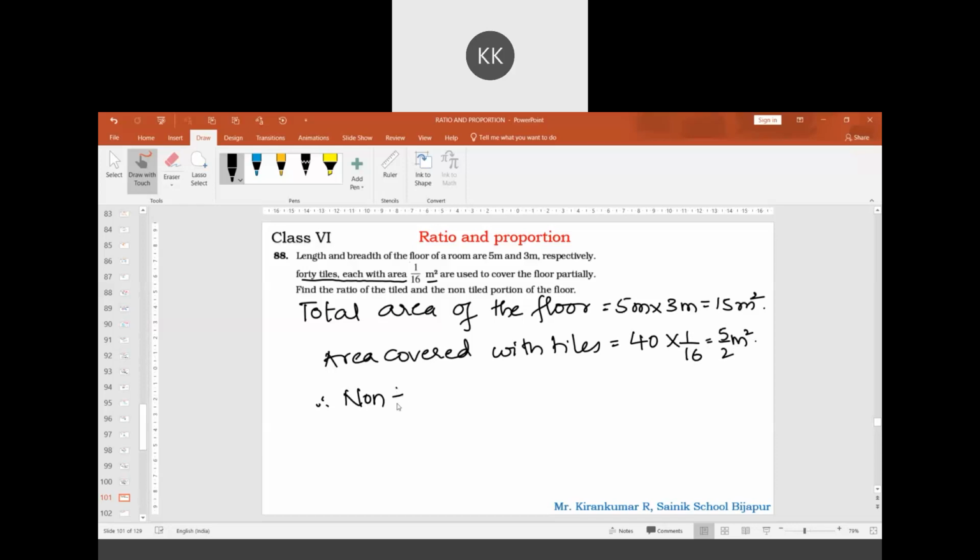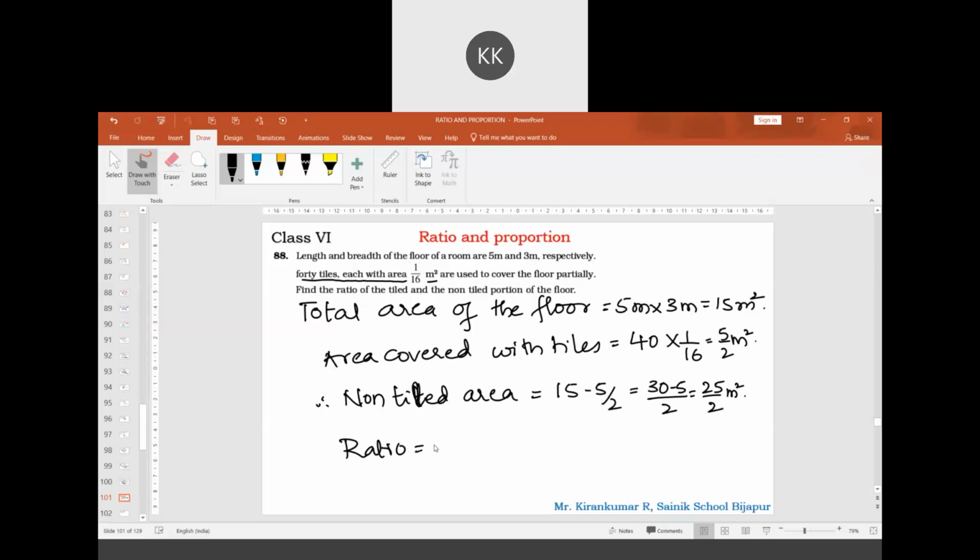Therefore, the non-tiled area we can find by subtracting 5 by 2 from 15. LCM is 2, so it becomes 30 by 2 minus 5 by 2, which is 25 by 2 meters square.